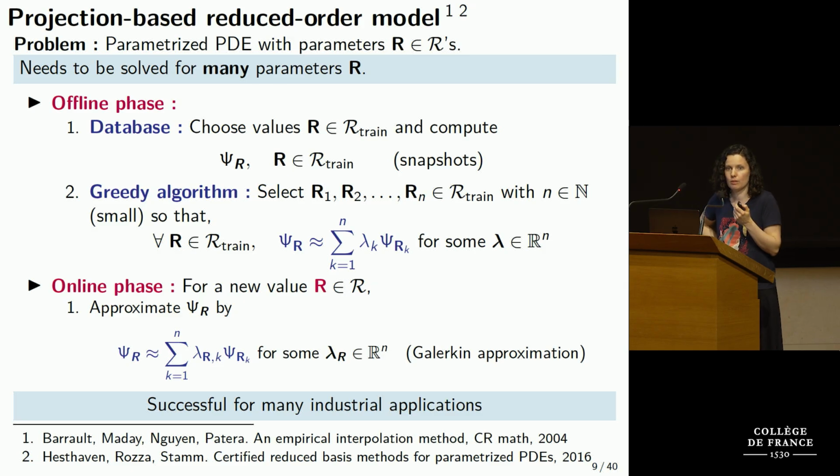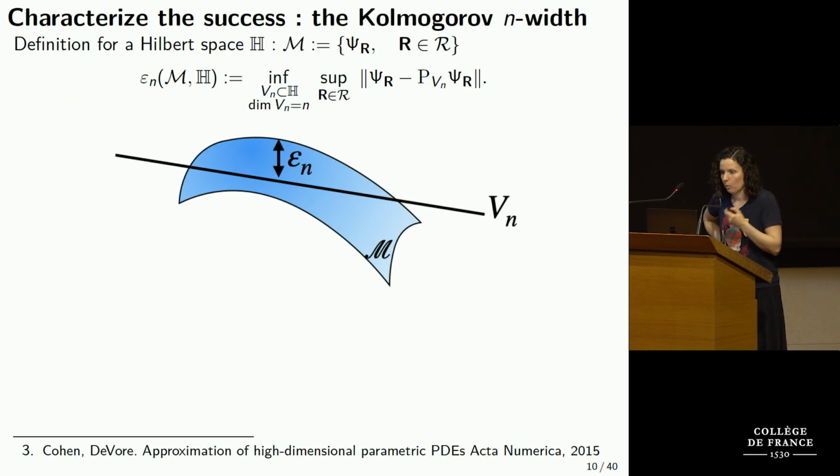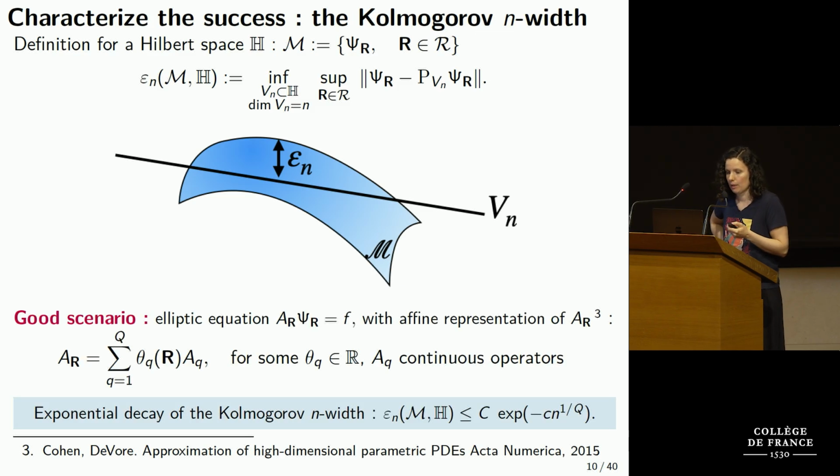In that case, one of the main points is that both in the offline phase and in the online phase, the solutions are approximated as linear combinations of the chosen solutions. And this works for many problems where the linear Kolmogorov n-width decays fast. This is, for example, the case for nice elliptic equations where the Kolmogorov n-width decays exponentially.